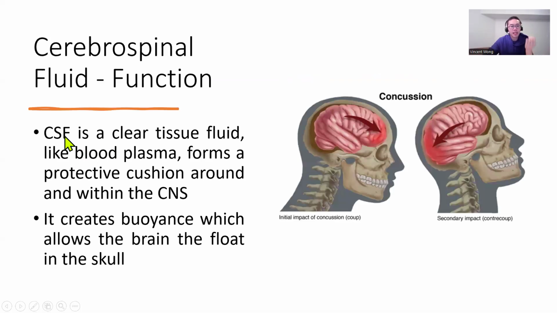Well, the CSF, first of all, is derived from the blood, right? That choroid plexus, that spongy tissue I was telling you about, is filled with blood vessels, and you basically extract part of the blood and create CSF from it. So it's very similar to plasma, okay? And essentially, it forms a protective layer around the brain to prevent things like concussion.